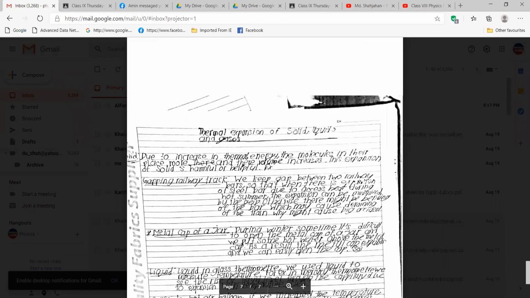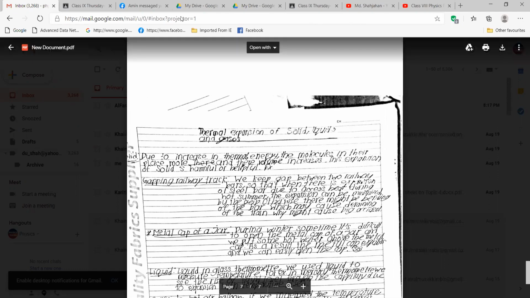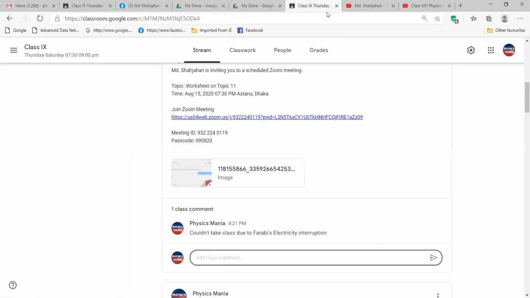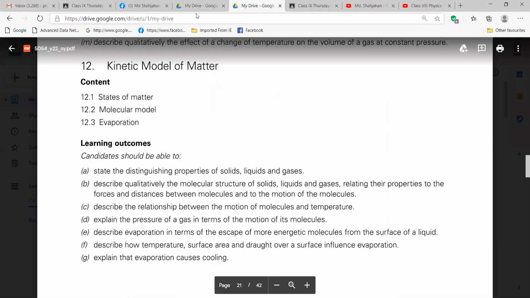So about evaporation, it's clear, right? That all the learning outcomes we covered. When we did that first one, I am opening again here.